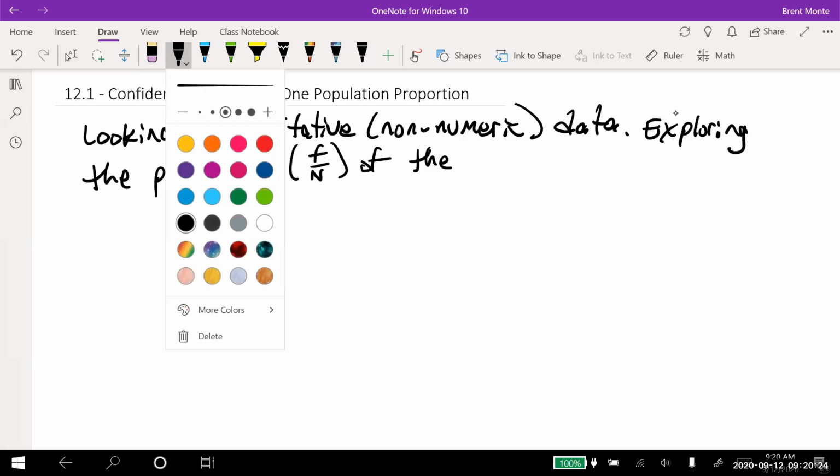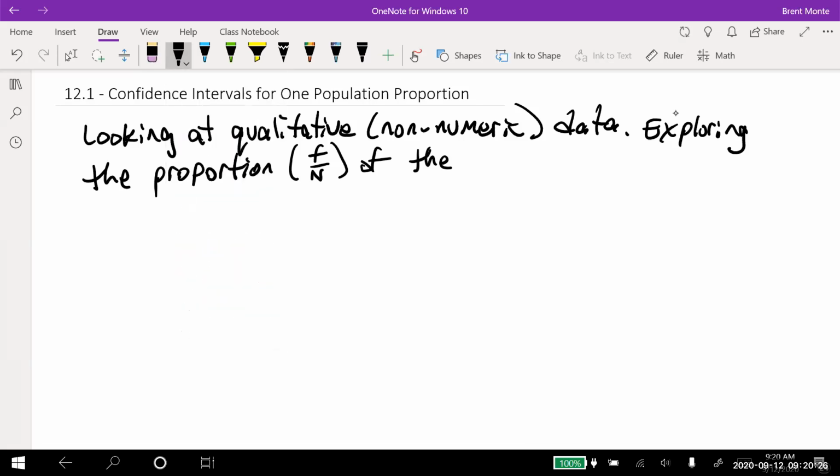So we're exploring the proportion of the population with a certain characteristic.